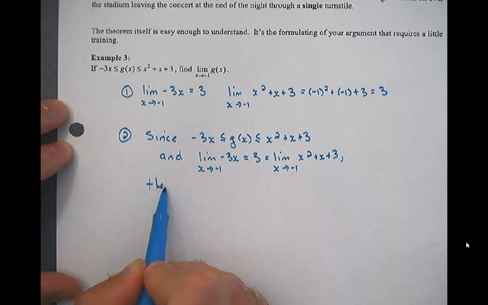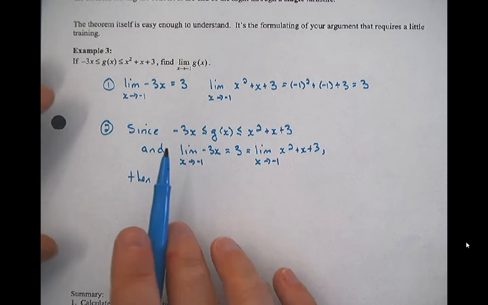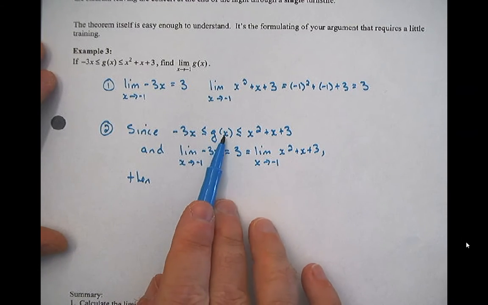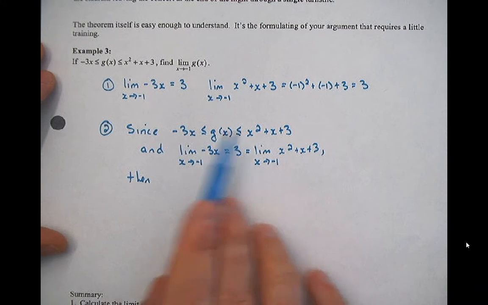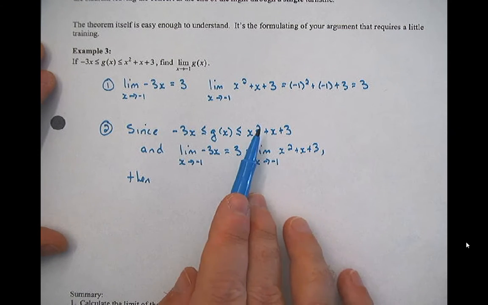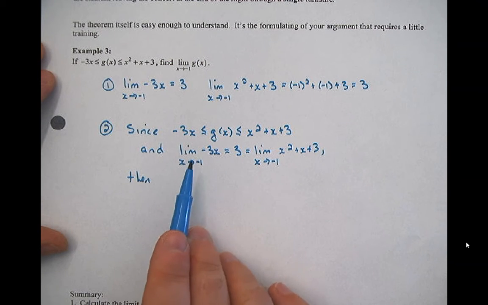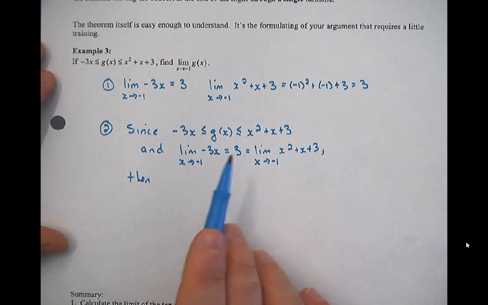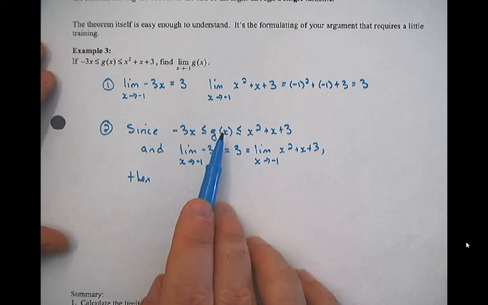Then, okay, so let's stop there and see if this makes sense. Look what we've done so far. I've established that this function falls between these two other functions. And I've shown that the limits of those other two functions as x approaches negative 1 are both at a height of 3. So what does that then mean about the limit of g of x?